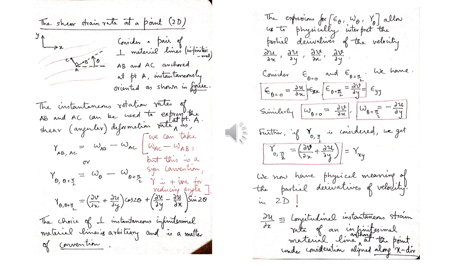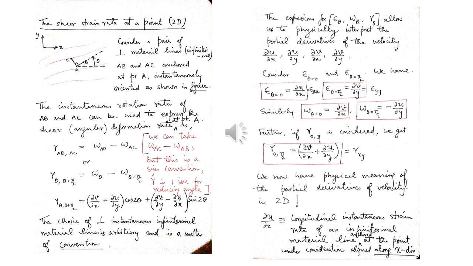So if there is a tendency of reducing the angle, then we should get positive values of the shear strain rate. If this sign convention is fixed, then the shear strain rate logically must be defined as omega AB minus omega AC, because if omega AB is more than omega AC, then this would have the effect of reducing the angle between two initially perpendicular material lines.